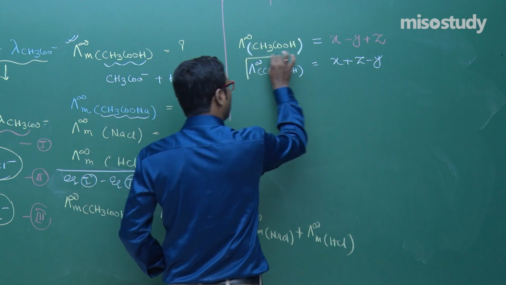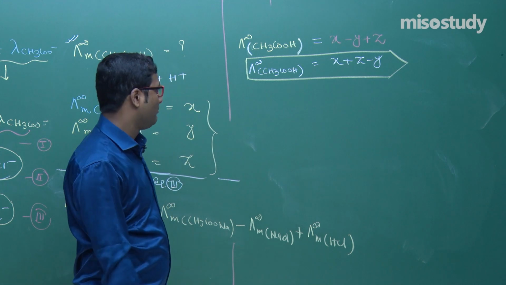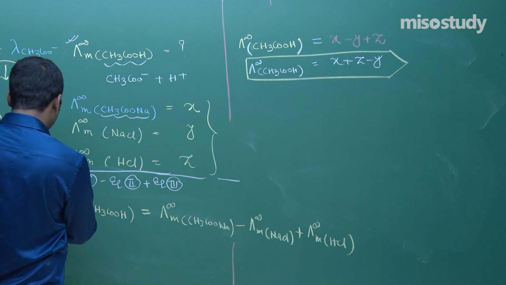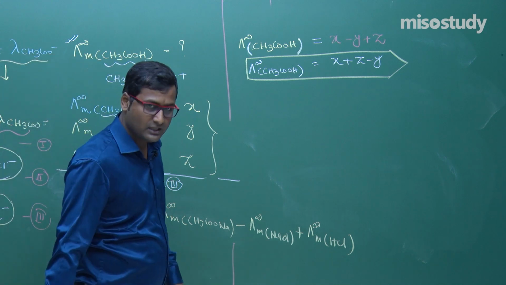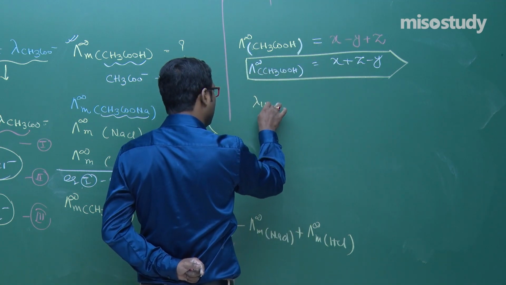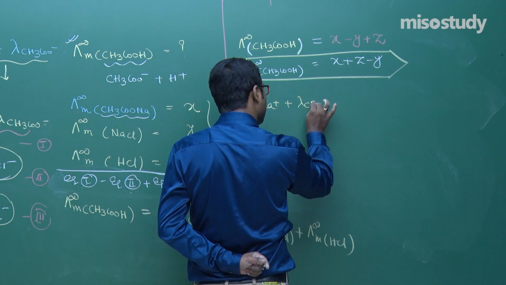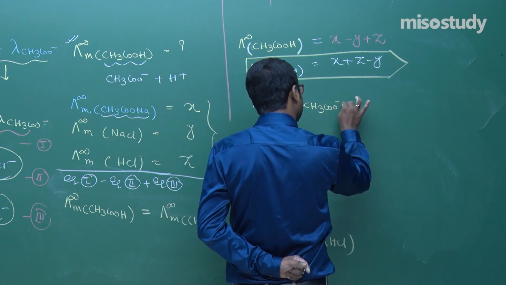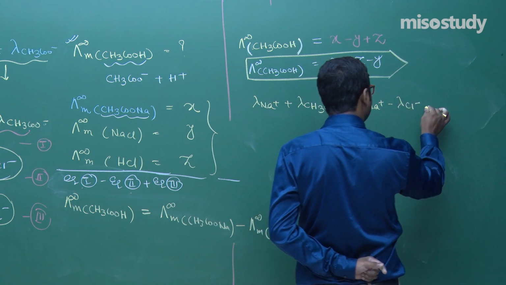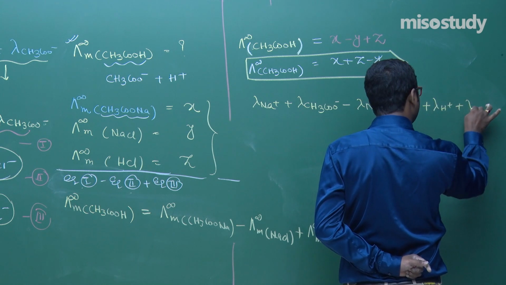So by using the data you can get the molar conductivity of any component. X plus Z minus Y. Equation 1 minus 2, plus equation 3. Check these things again. I am completely right here. That is equation 1, lambda Na+ and lambda CH3COO-, then minus lambda Na+ minus lambda Cl- plus lambda H+ and plus lambda Cl-.